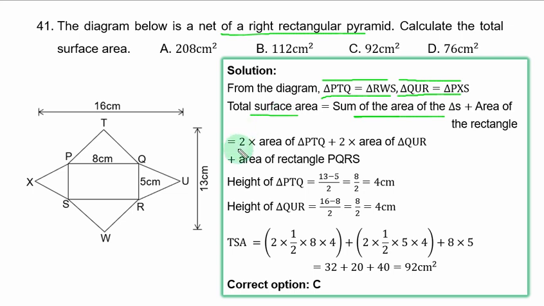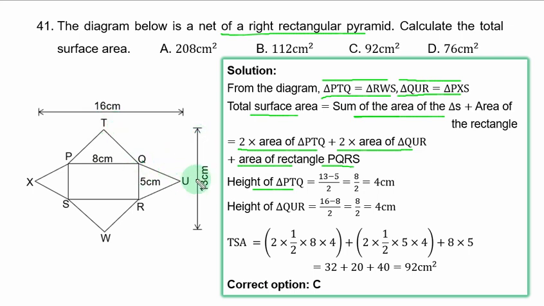So from here, the total surface area becomes 2 times the area of triangle PTQ plus 2 times the area of triangle QUR. That too is because the two triangles are equal, plus the area of rectangle PQRS. Let's get the height of triangle PTQ.